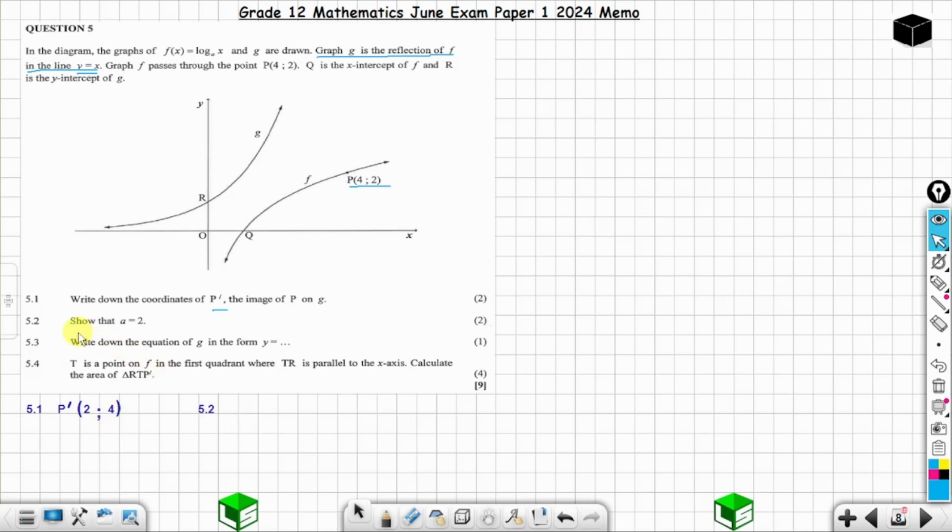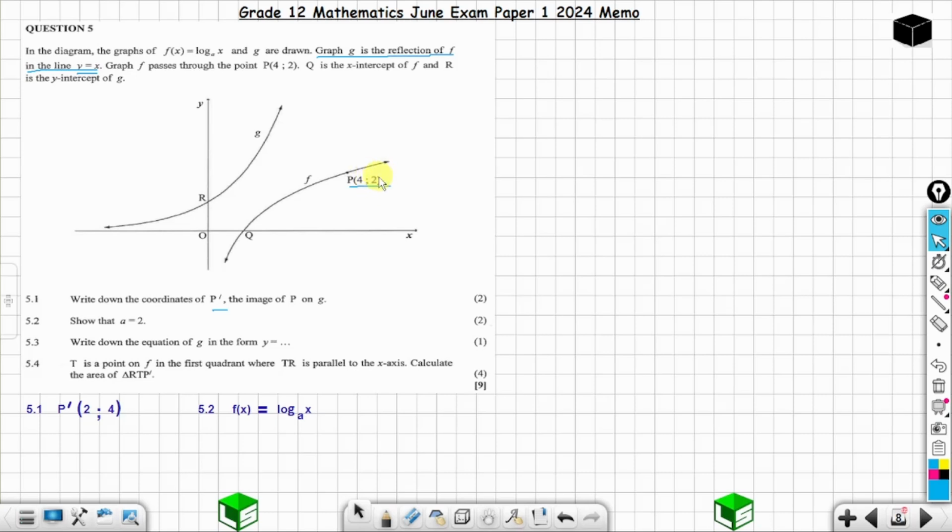5.2, show that a is equal to 2, 2 marks. You have a in the equation of the graph of f. We are given f of x is equal to this. You have x is 4, y is 2. The first coordinate is always x, the second coordinate is always y.